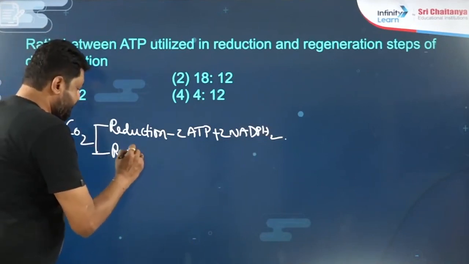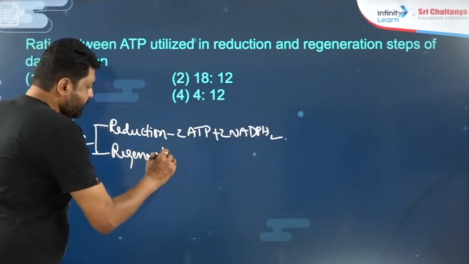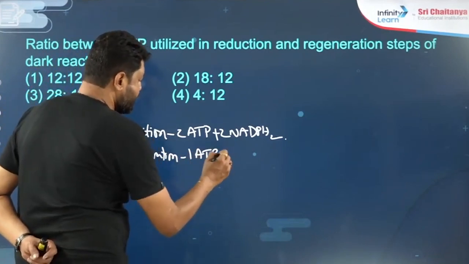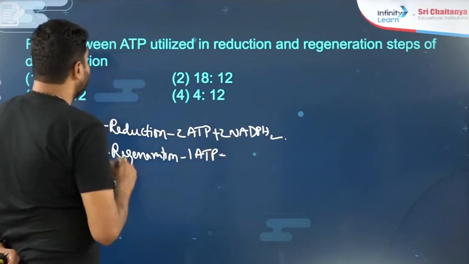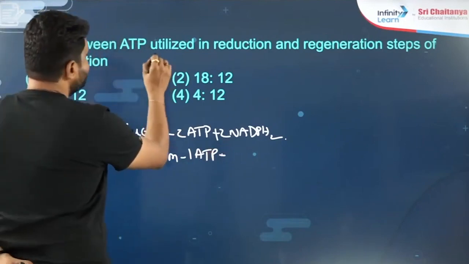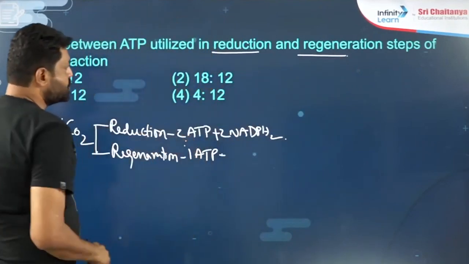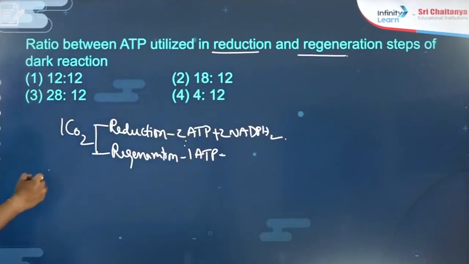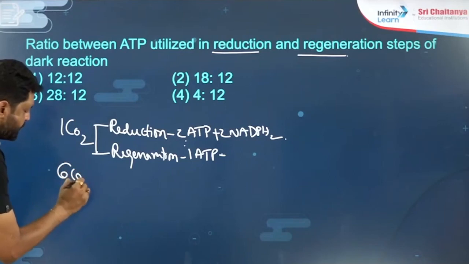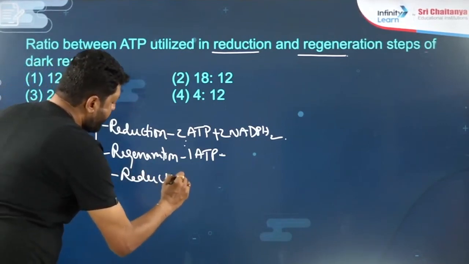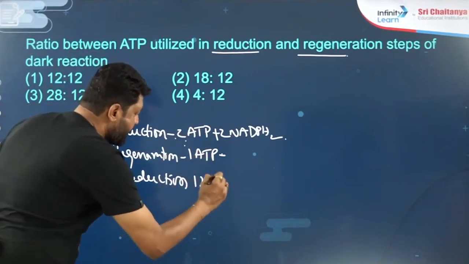For regeneration, 1 ATP is required. So he is asking what is the ratio between ATP utilized in reduction and regeneration? 2:1. Or let us go for 6 CO2 molecules reduction: 6 twos are 12 ATP.